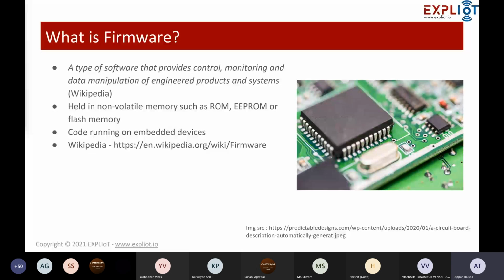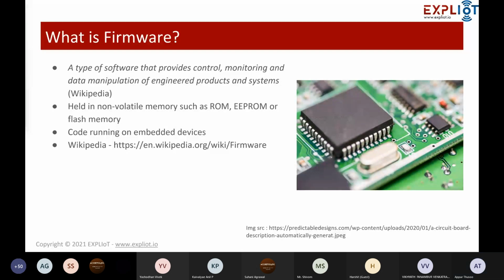Firmware can be held responsible for all the actions the device takes, all the services and features that the device provides. Again, it is stored in the non-volatile memory on the device PCB itself. It can be ROM, EEPROM, or different kinds of flash memory, depending on how the device is designed.